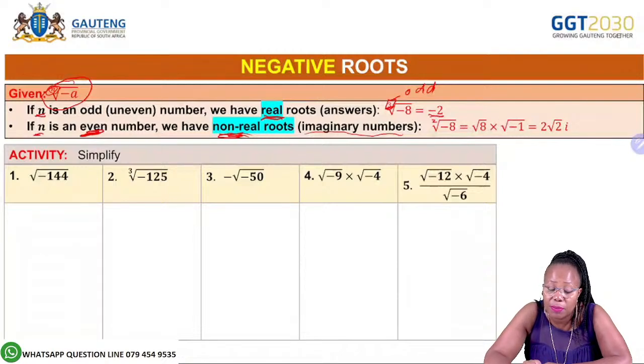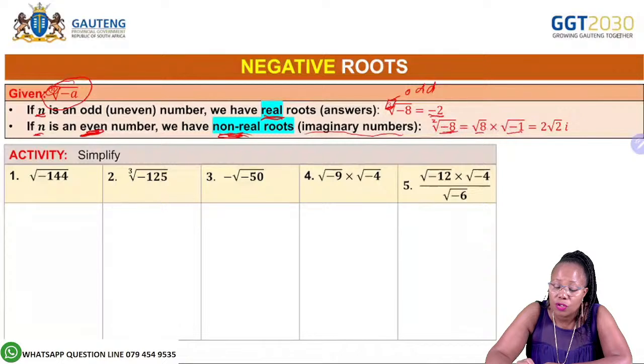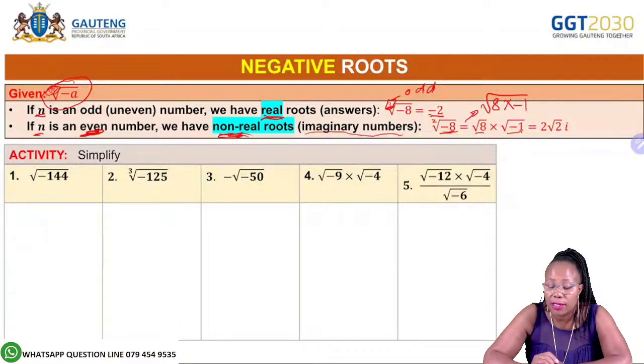Let's see now what is happening. We are going to know this as the square root of 8 times the square root of minus 1. We are separating this. Remember, minus 1 times 8 is still minus 8. So we are separating that into the square root of 8 times the square root of negative 1, which is still minus 8.